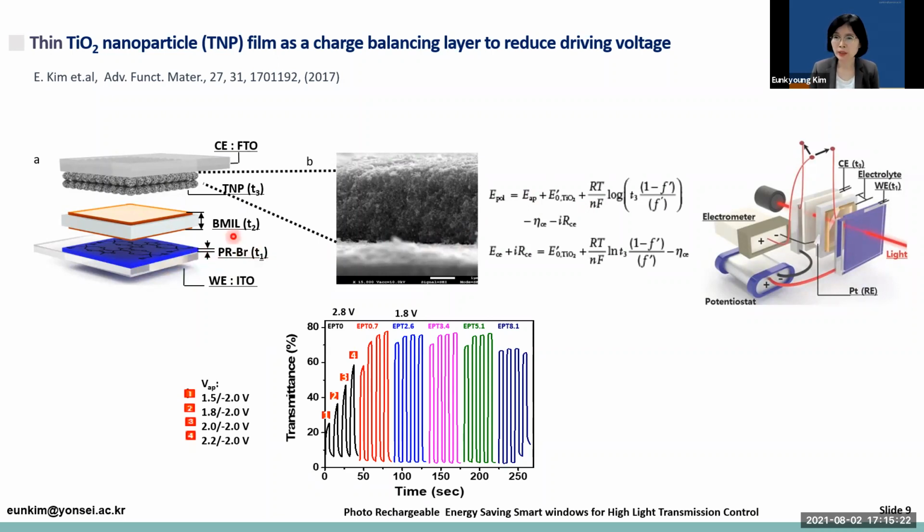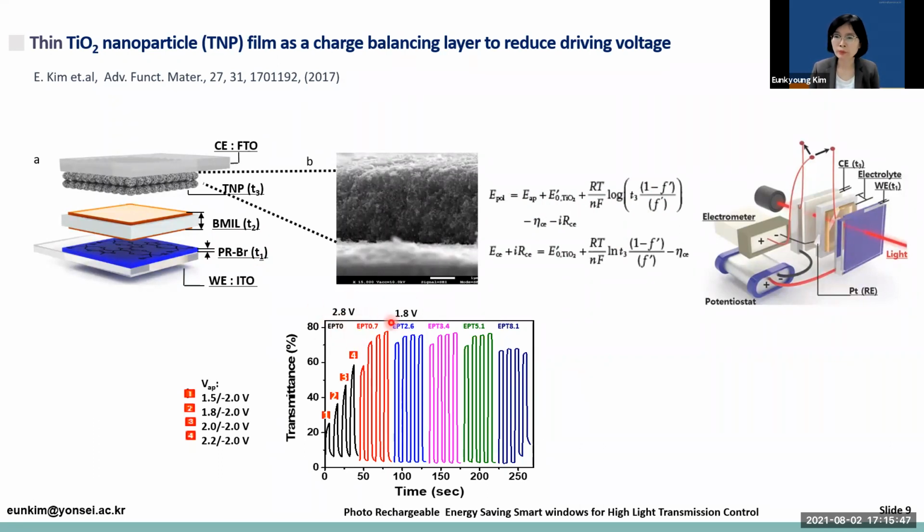That means we can reduce the applied voltage by controlling this thickness. Indeed, with about 2.6 micrometer thick titanium dioxide layer, the working voltage was reduced to 1.8 volt from 2.8 volt in the case where there is no charge balancing layer.